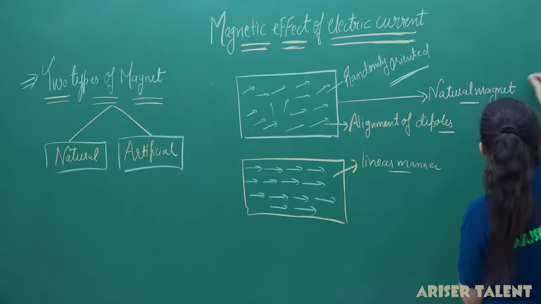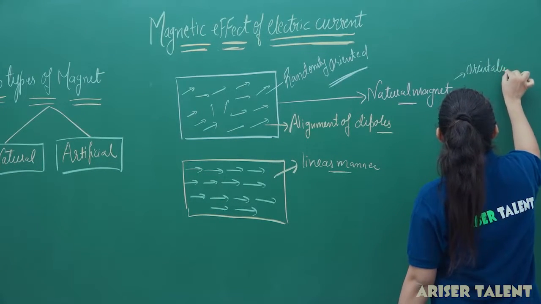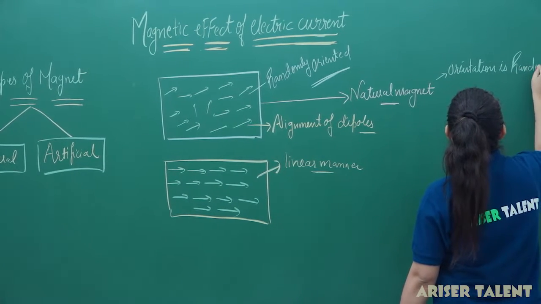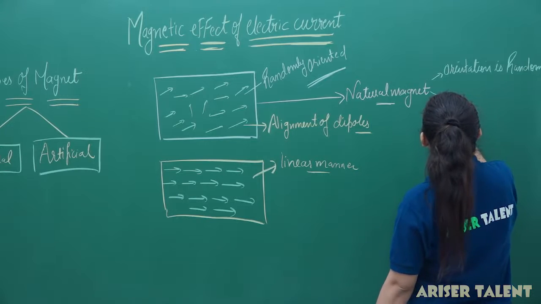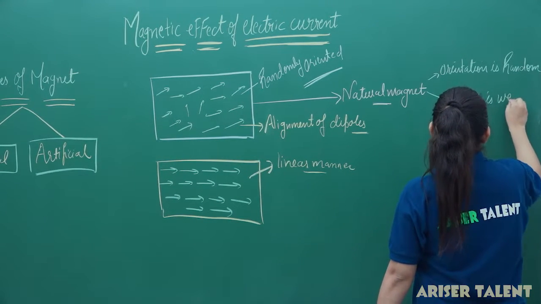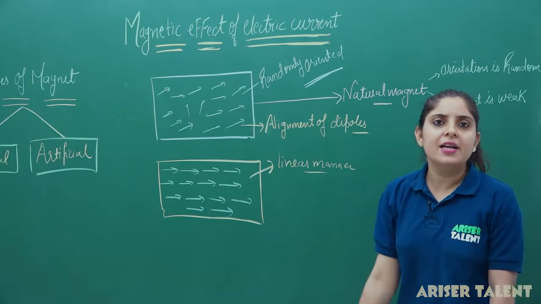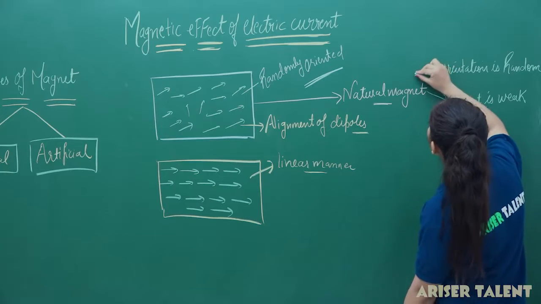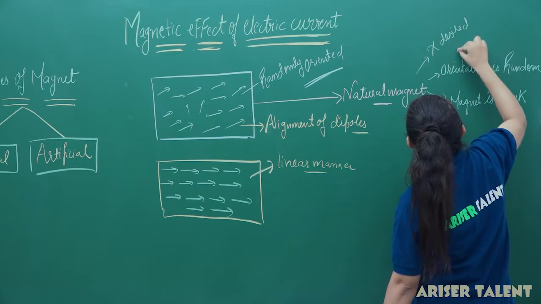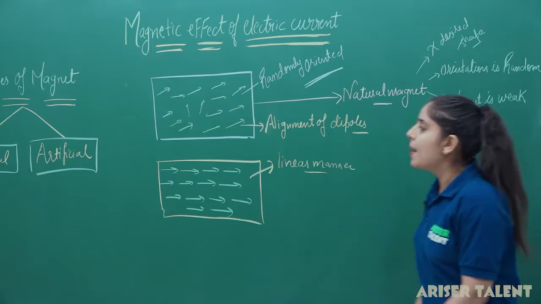One drawback is that the orientation is random, it means the direction is not suitable, and that magnet is weak. If the orientation is random, you cannot make the magnet of the desired shape you need. So in this case, you will not achieve the desired shape. This is the drawback with the natural magnet.